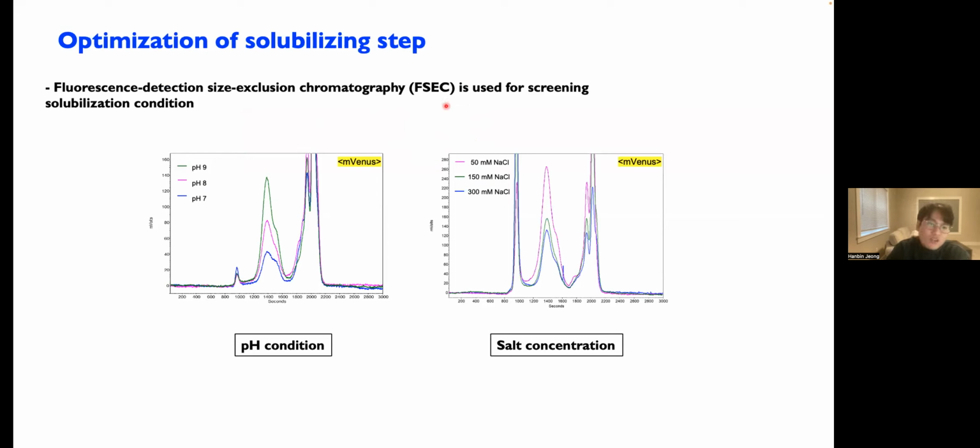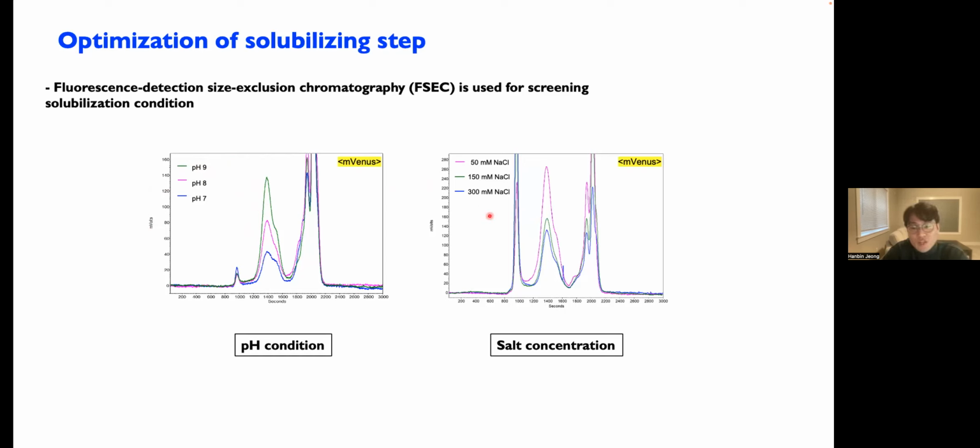I used the fluorescence-detection size exclusion chromatography, FSEC, system to screen diverse pH conditions and salt concentrations. An interesting thing is that when I changed to a high pH, such as pH 9, the solubilized TMC1 increased more than 3 times compared to the pH 7 condition.